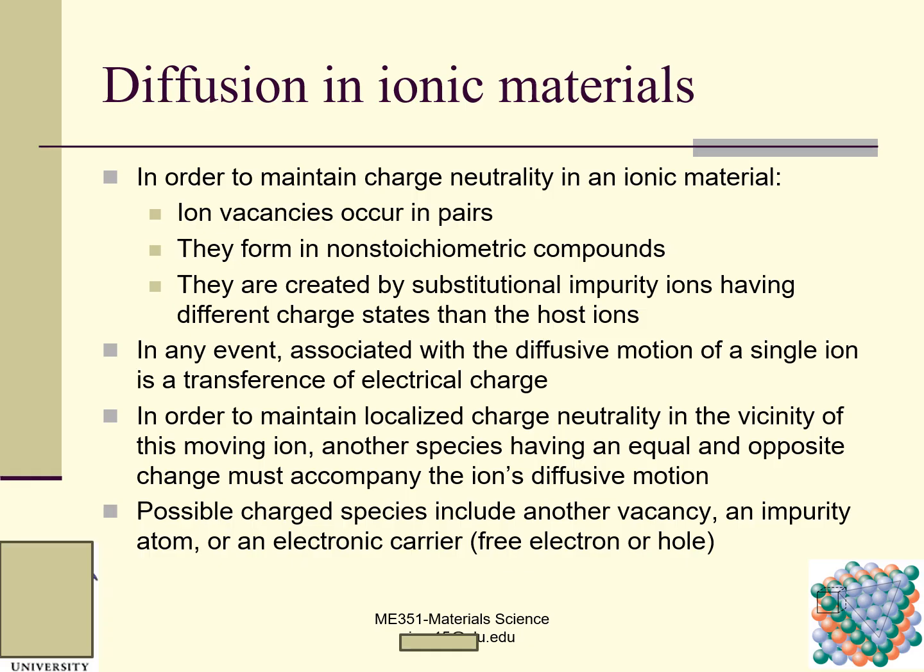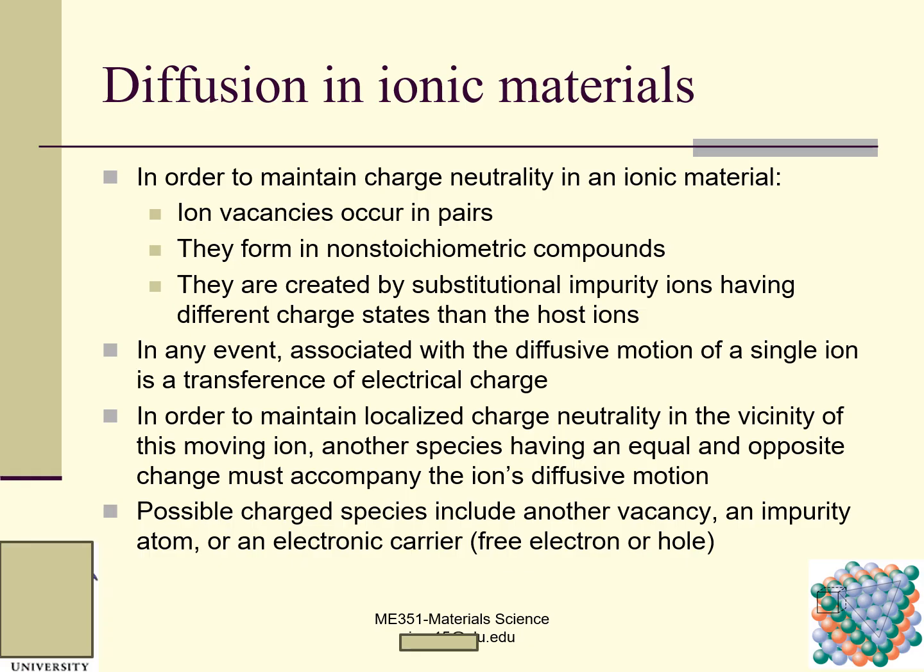So possible charged species include another vacancy, an impurity atom, or an electronic carrier, for example, a free electron or hole. So these observations need to be understood clearly, so you can make the correct judgment whenever I give you some problems to solve. Any questions regarding this slide?